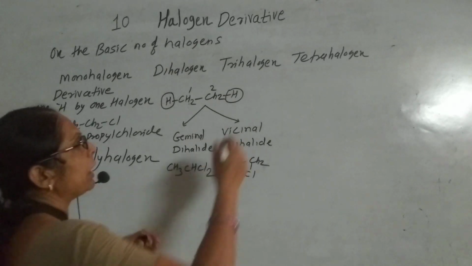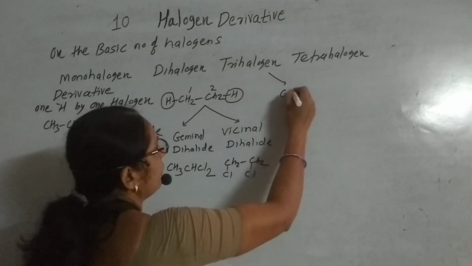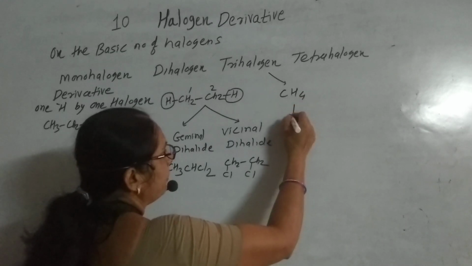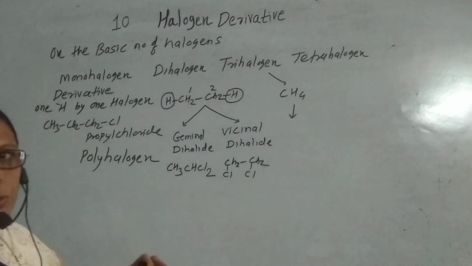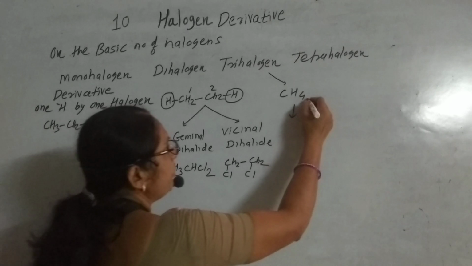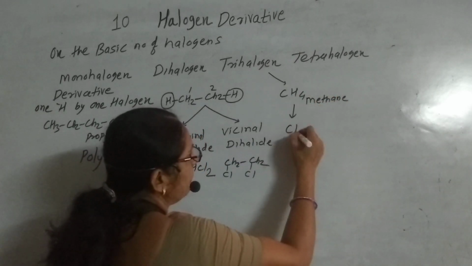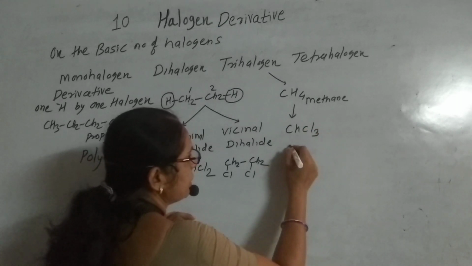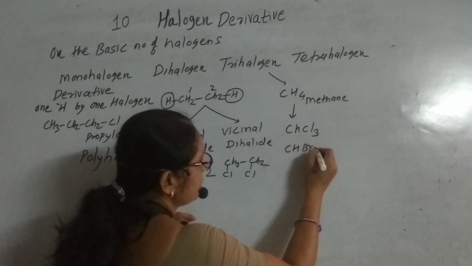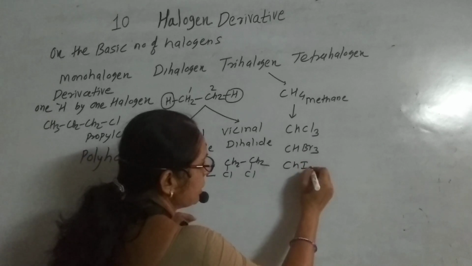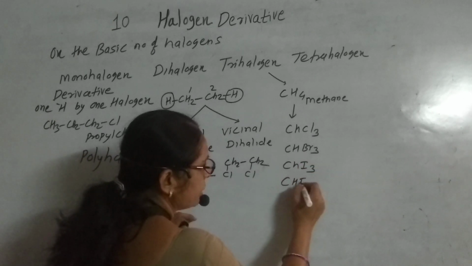When I consider the trihalogen derivative, it is obtained by replacing three hydrogens by three halogens. Suppose I have the methane. If the three hydrogens are replaced, I get CHCl3 or CHBr3 or CHI3 or CHF3.